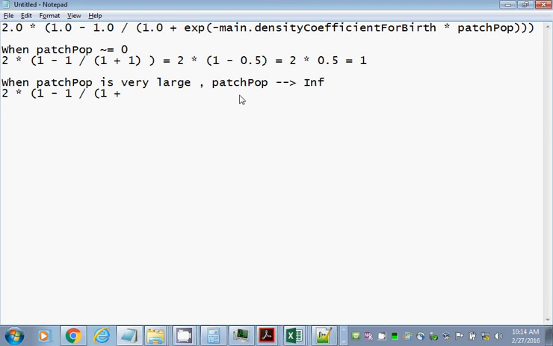Okay, ladies and gentlemen, let us run this model. So we just have variability in rates between the different cells. We guaranteed that earlier.